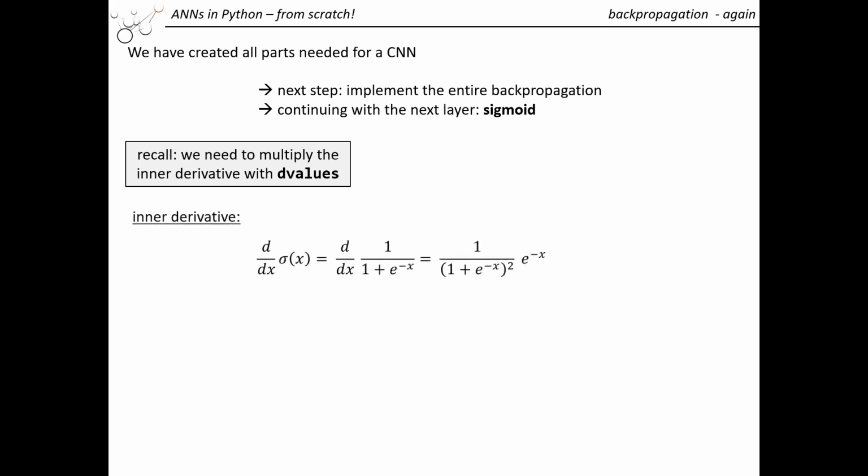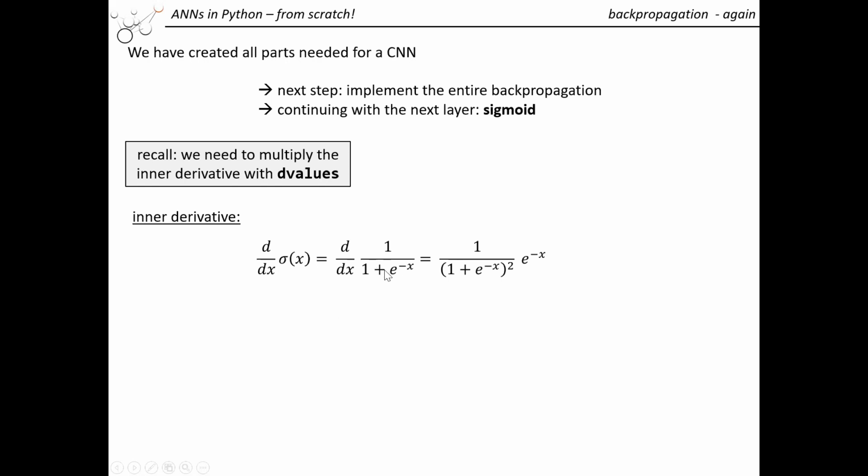So what is the inner derivative for a sigmoid? You just go to the sigmoid function, look at the definition, and apply those rules for the derivatives. I just want to show this once because you have to do this once in a while, and it makes sense to be fluent in that. So you calculate the derivative of this function.